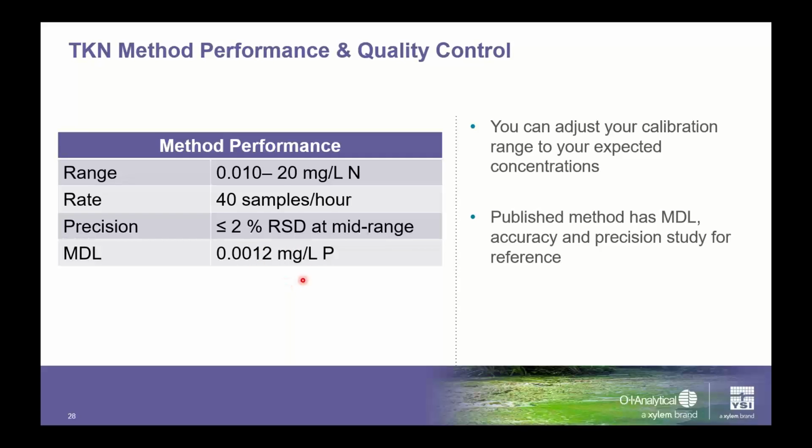The range on this can be adjusted, by the way, by increasing or decreasing the load time in your segmented flow method. You can also change the loops. Some of you that are familiar with the ACA will know what I'm talking about there. You can change the loop if you're running this as a FIA method, a flow injection analysis method.